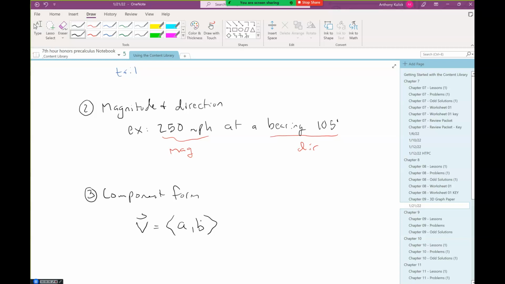They're not curly brackets. What that's saying is the tail of our vector is always at (0, 0), and the head of our vector is at the point (a, b). So when we talk about something in component form, what we really mean is a vector whose tail is at the origin and whose head is at that same point as that vector.